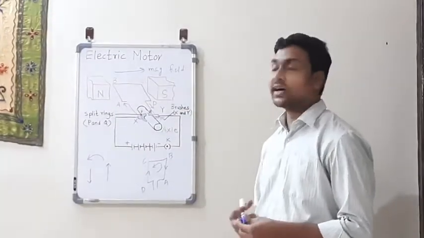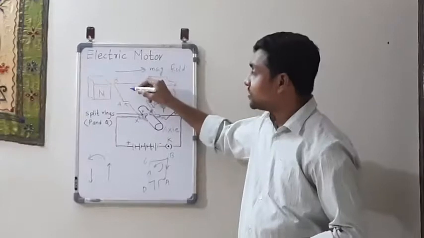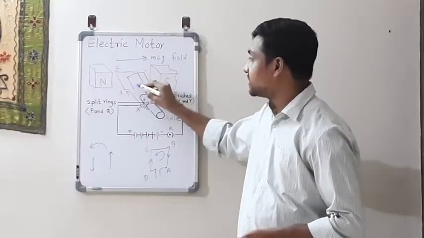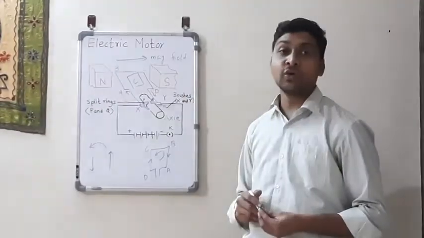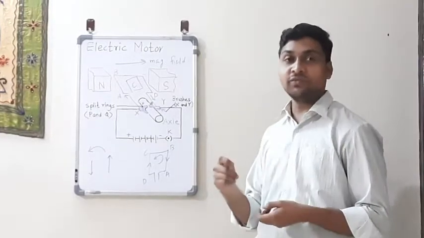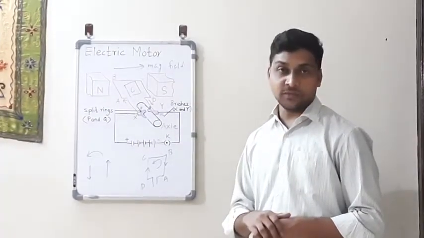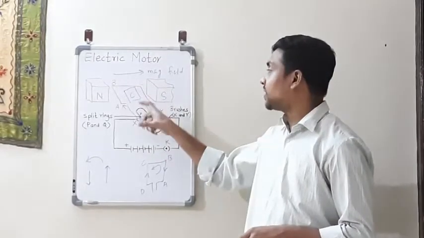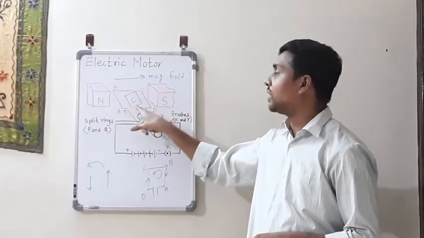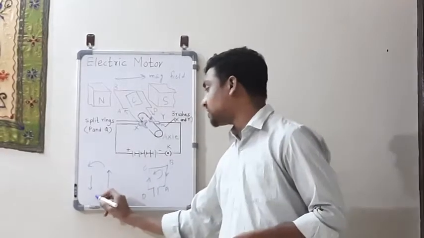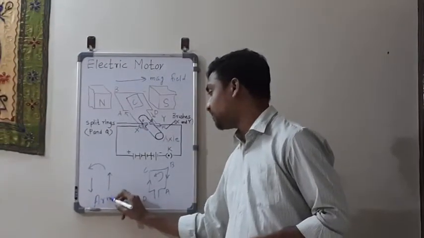One more thing is that they use a soft iron core inside the coil, on which the coil is mounted, which increases the efficiency of the electric motor. The coil and soft iron core together are called the armature.